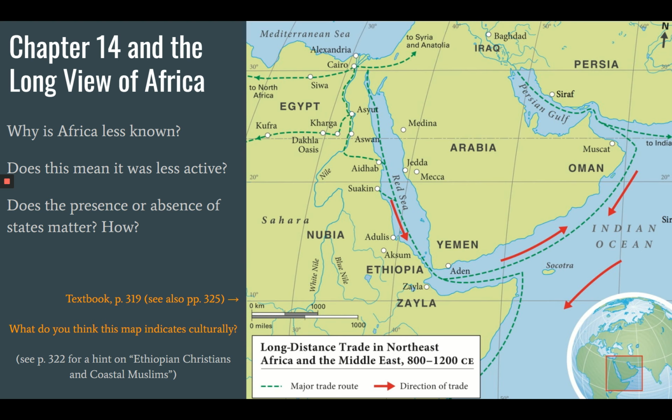And these peoples begin to be engaged and interacting in a much broader cultural world, which has close links to both the Islamic Empire and the Christian world, the two of which are at frequent war or conflict to the north of Africa, and which are also having this kind of cultural balance being struck in Africa itself. And you can see page 322 for a hint on how to read this map.